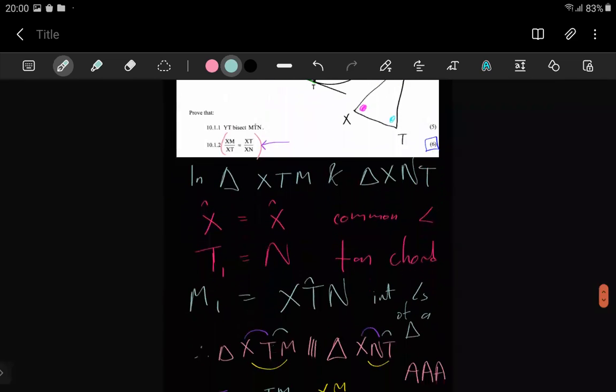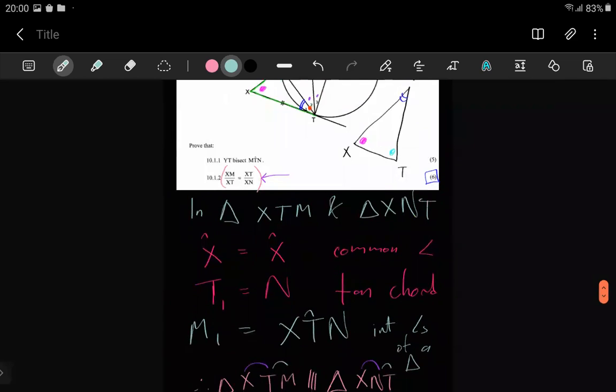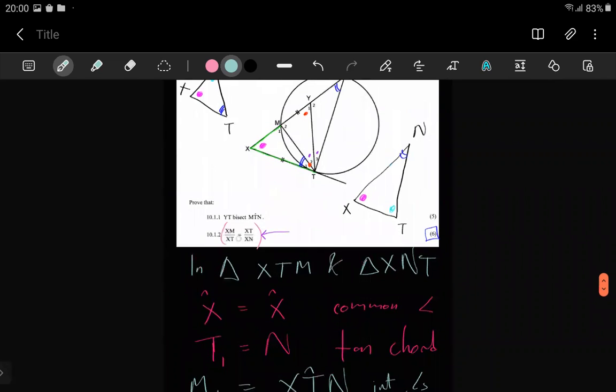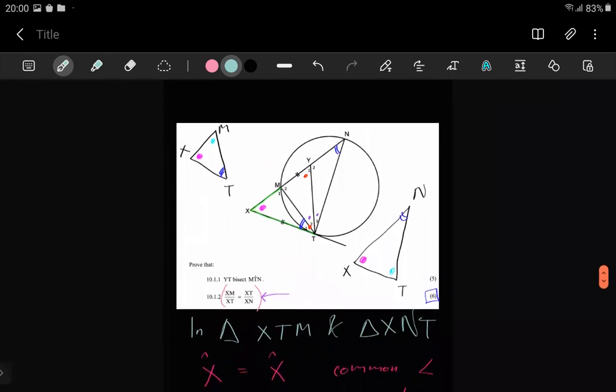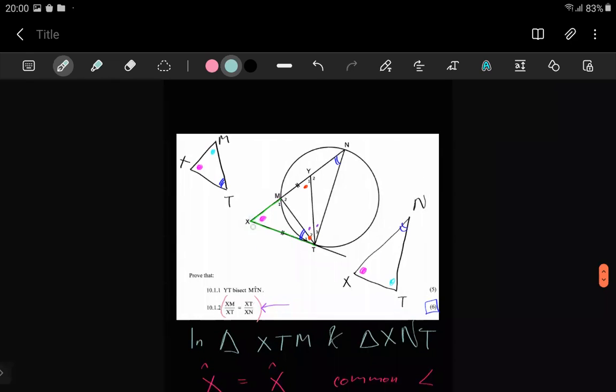So those 6 marks, it's a matter of identifying which triangles they want you to work with. For you to identify the triangles, it's based on the lines they're dealing with. They use this line, we got this triangle. Then they're using this line, we got this triangle. When naming those triangles, before we named them, we made use of our sketch. We looked and said, which ones are going to be equal? The X and the X was going to be equal, perfect. Then we said, the T down here is equal to the N up there.